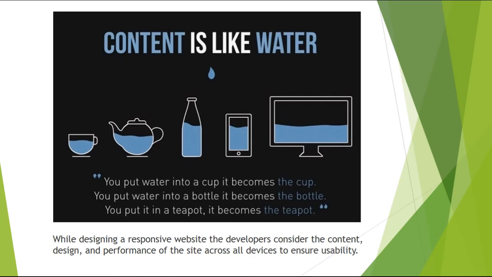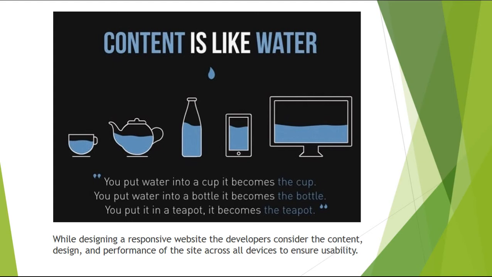And most of the time, designers try to create a responsive website considering the content, image, and everything. So actually, content is like water. If you put water into a cup, it will become a cup. If you put water into a bottle, it will become a bottle.